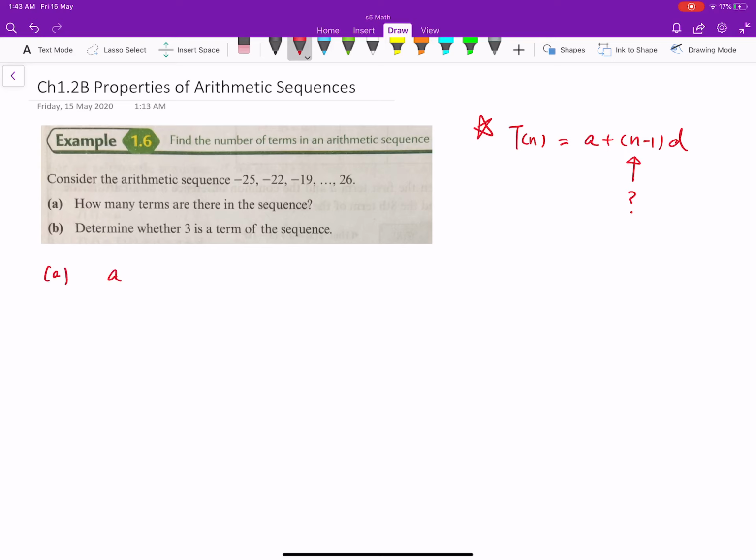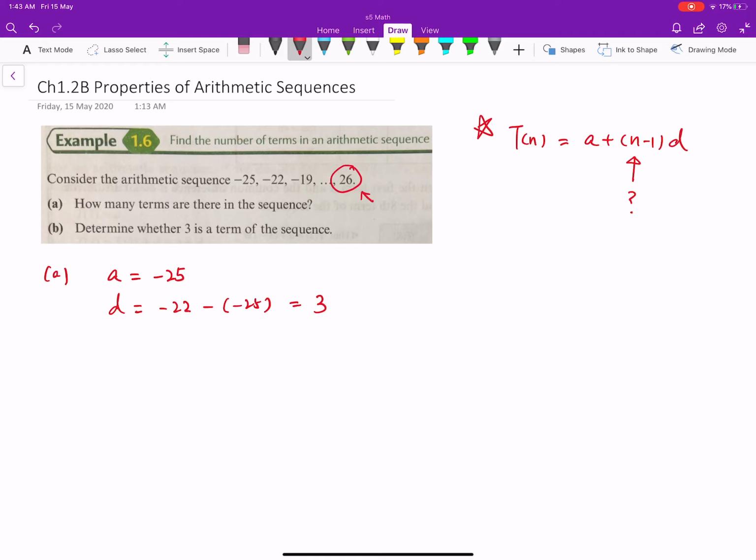First of all, we can find that a is negative 25, which is the first term. And then we try to find the d, which is negative 22 minus negative 25, and then we get 3. And now, if we want to know the number of terms, then we look at the last term.